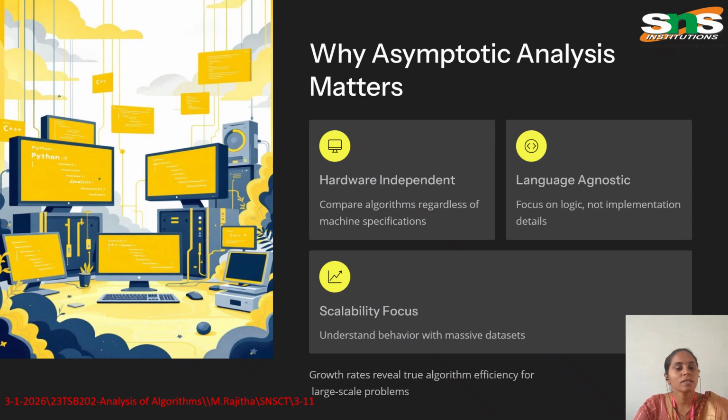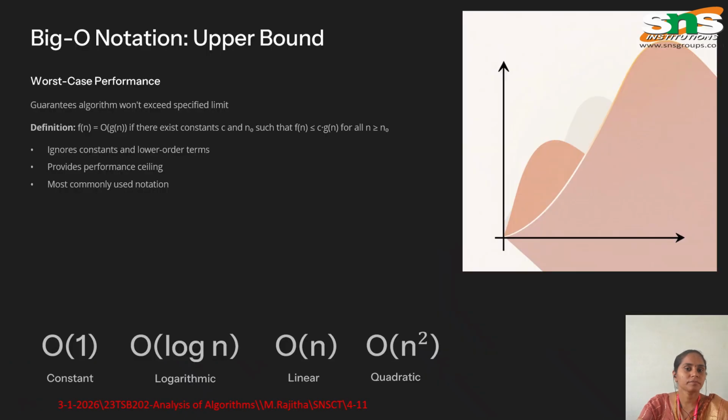It focuses on scalability, helping us predict how algorithms behave with large data sets. Growth rates reveal the true efficiency of an algorithm. This analysis supports better decision making during algorithm selection and system design.